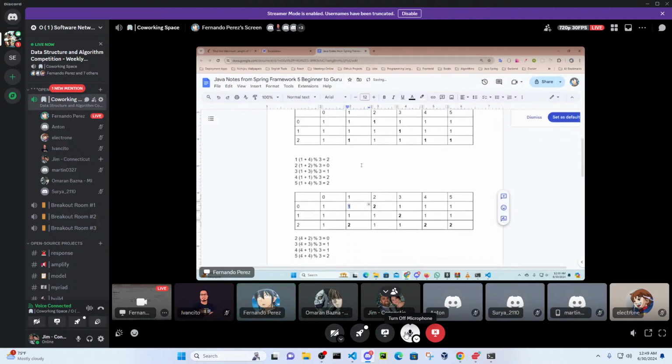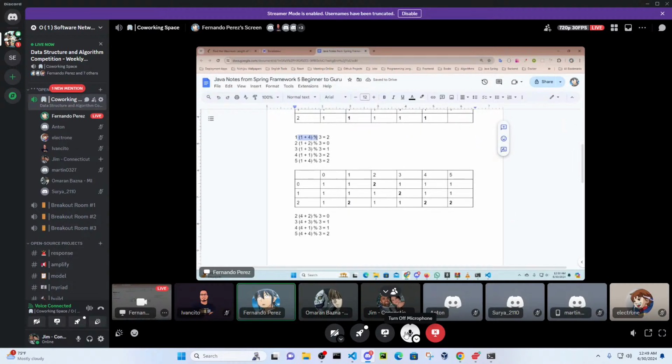No, I'm wrong. So 1 plus 4 module k is 2. So 2 is this value, and my previous value was 1, so I can increase and set it to 2 because I have some matching value, and I'm going to do that every time.